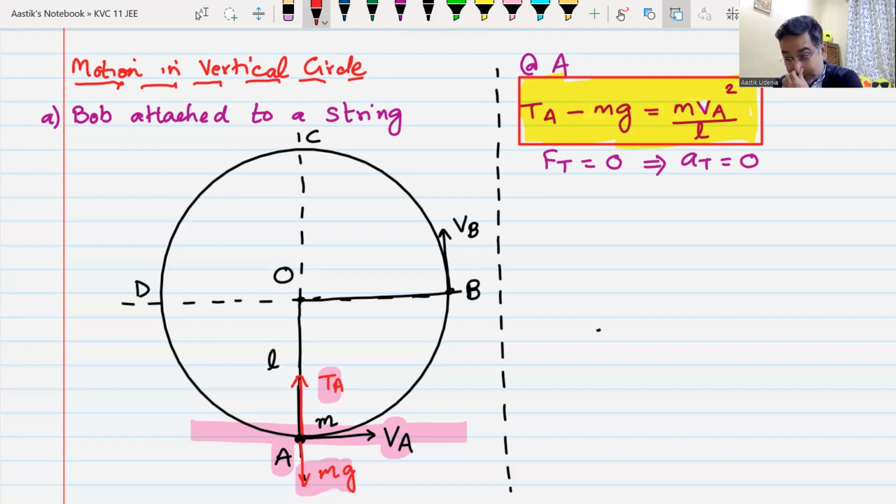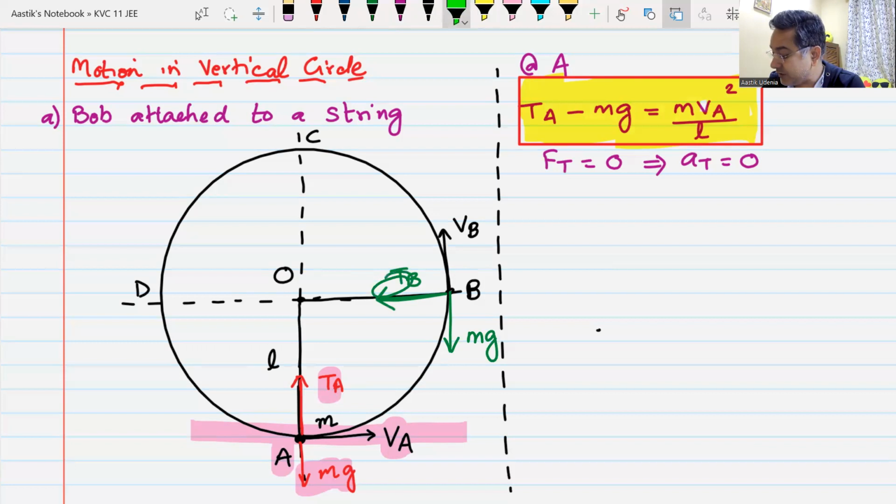Can anyone tell me now what are the forces acting on the bob at point B? Tension force. Okay, so I draw this tension force in green. Let me call it tension at point B. Gravitational force, let me call it as mg.